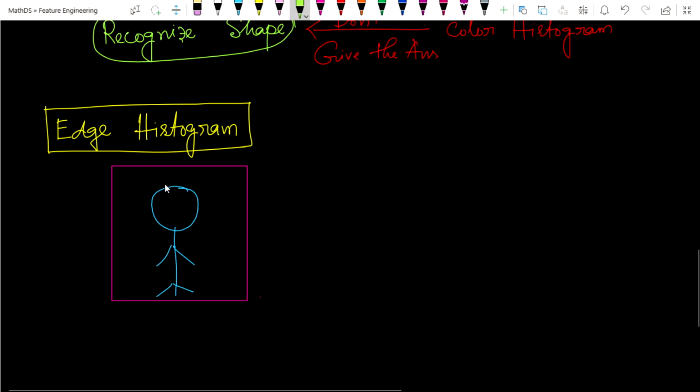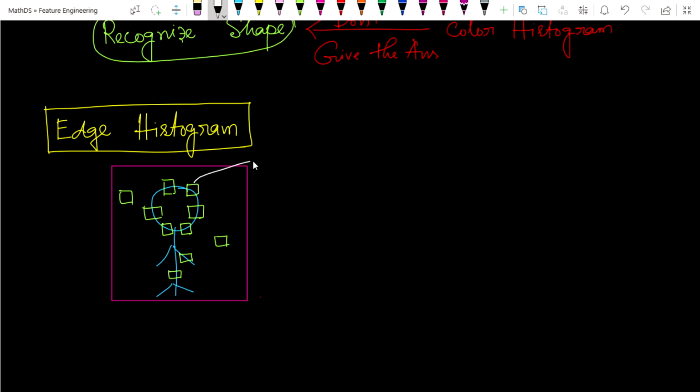Suppose this is one pixel, this is one pixel, and so on. We have to find the edge pixels. Based on these pixels, if you look closely, this picture will approximately look like this type of shape.